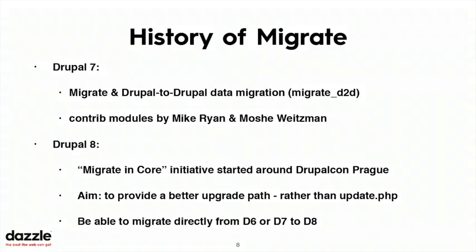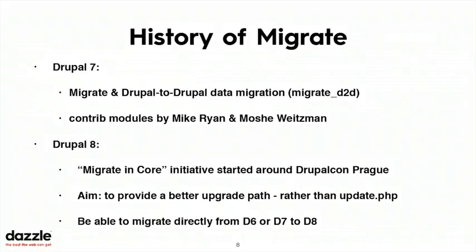It was a contrib module, and it allowed for robust migrations from external systems to put your data into Drupal. I'm sure some of you have used it before in Drupal 7. It also had an add-on module called Drupal to Drupal data migration, which allowed you to migrate from Drupal 5 or 6 to Drupal 7.